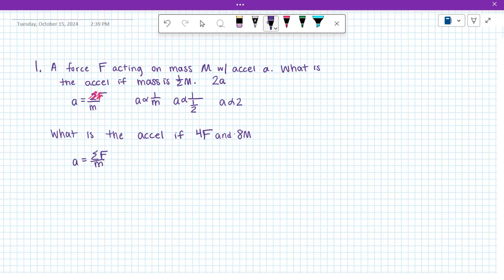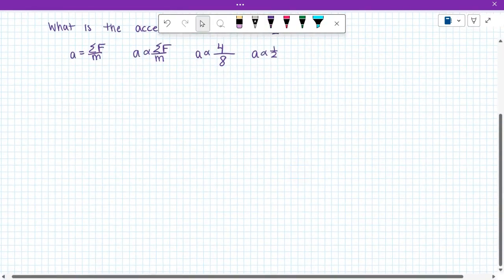I'm comparing net force, mass, and acceleration, so I change it into a proportionality, because it's not going to be exactly equal. Force changes by a factor of 4, so I plug in a 4 for force. Mass changes by a factor of 8, so I plug in an 8 for m. I can simplify that to 1/2, so I get half the acceleration, or 1/2 a.